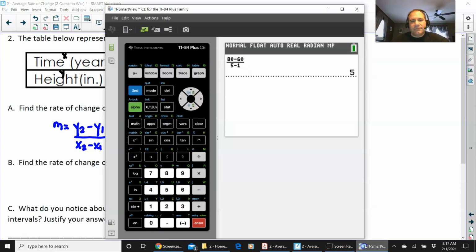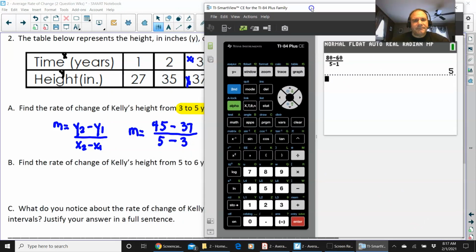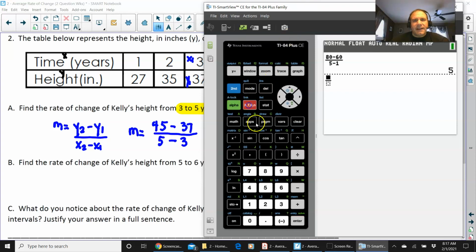Again, we are going to bring up the calculator. Alpha x brings up the fraction, numerator and denominator symbol. 45 minus 37, that's y2 minus y1, and 5 minus 3 in the denominator.